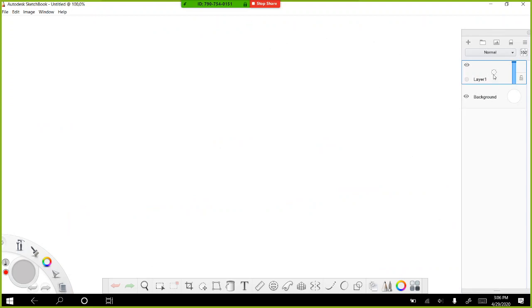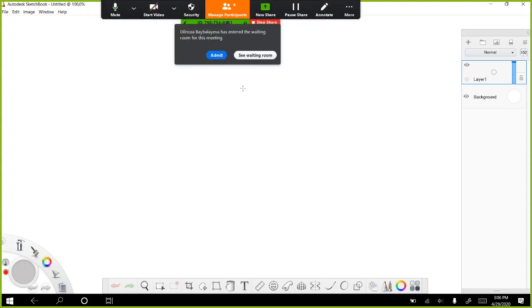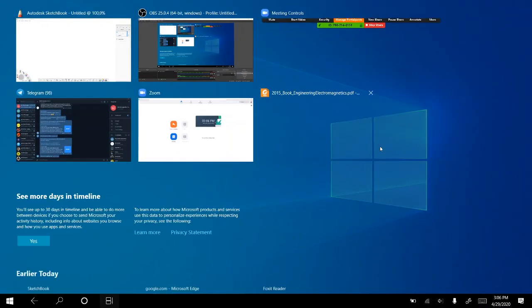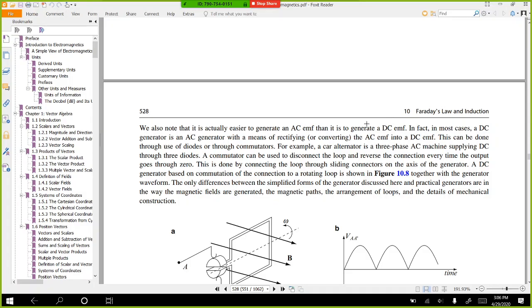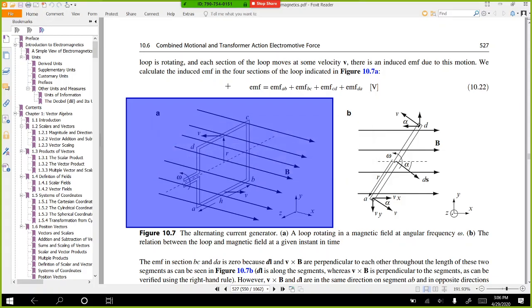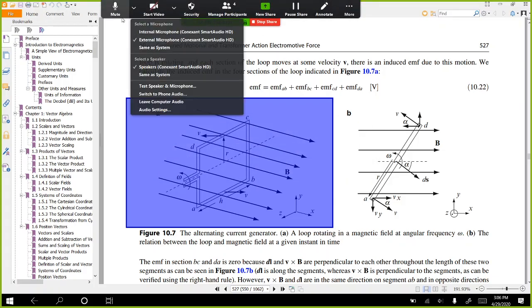Well, last time we discussed the rotating closed loop in the uniform constant magnetic field.